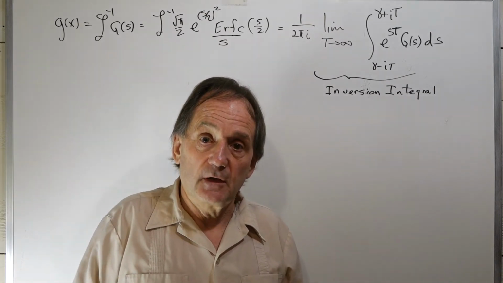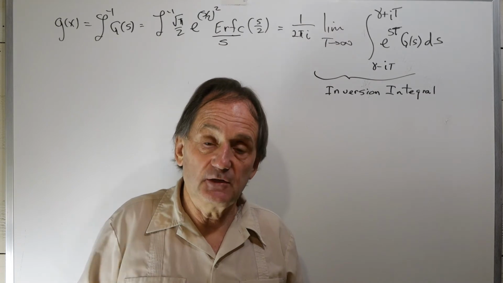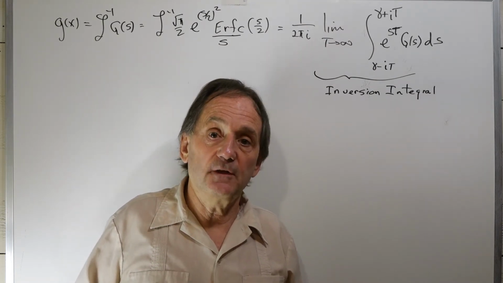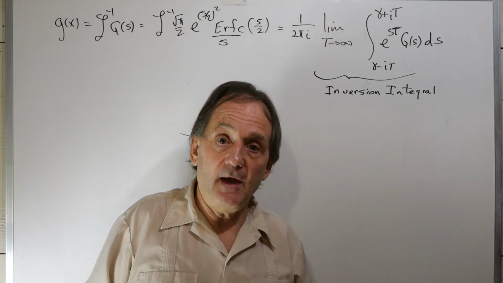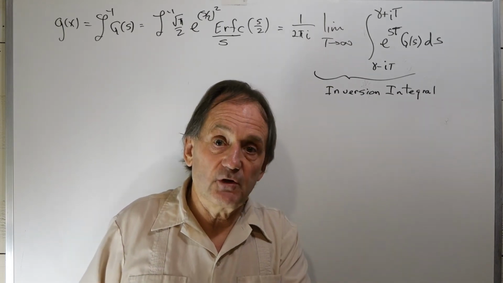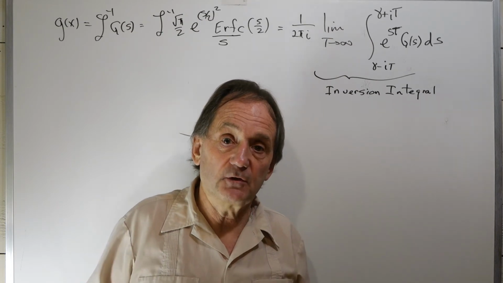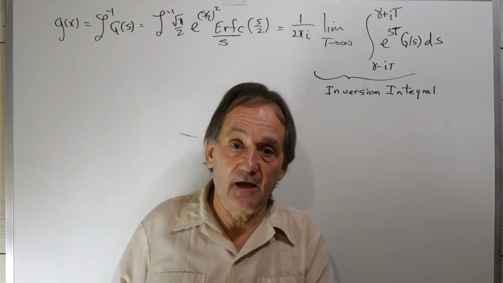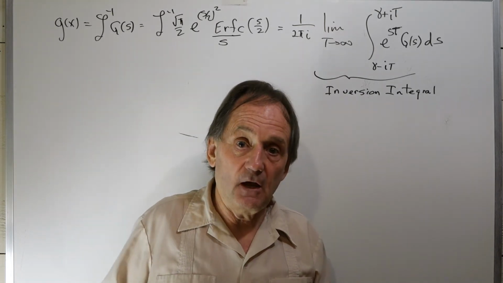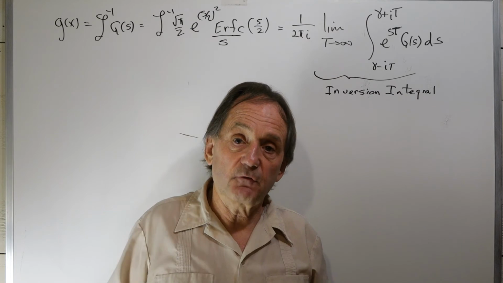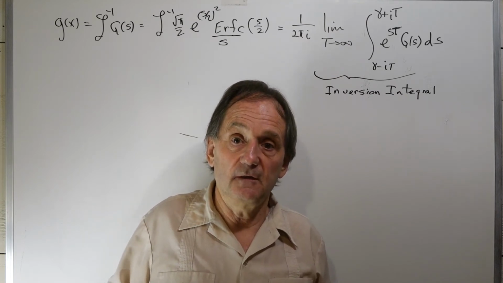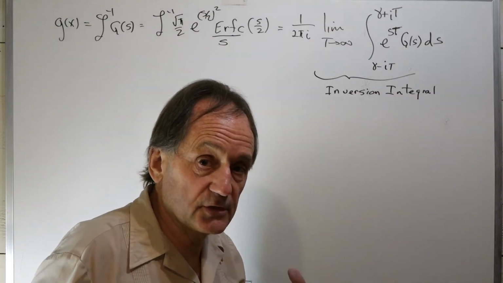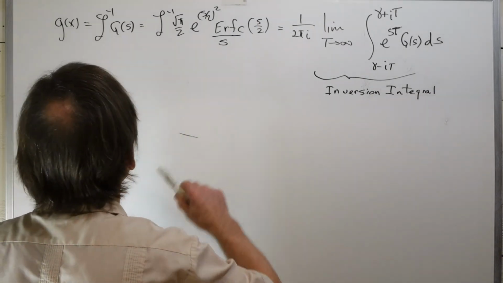We can use a table of transform pairs like I showed you, but if you don't have that, then you have to use what's called the inversion integral to do the inverse transform on the function of s to get back to a function of x. This is how a lot of the transform pairs in these tables are computed, and it's a fairly complicated process.